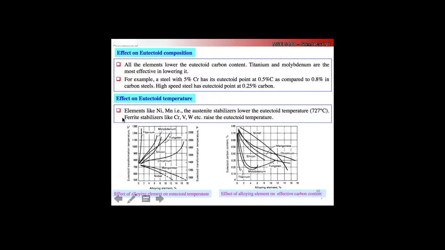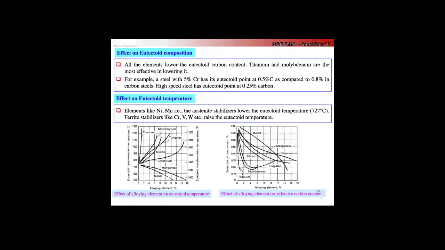Elements, so the eutectoid temperature, right, can be changed. Austenite stabilizers will lower the eutectoid temperature, right, meaning we're retaining austenite to lower temperatures, right? Ferrite stabilizers raise the eutectoid temperature, right? And this just shows the effect of the different alloying elements to do so, right?